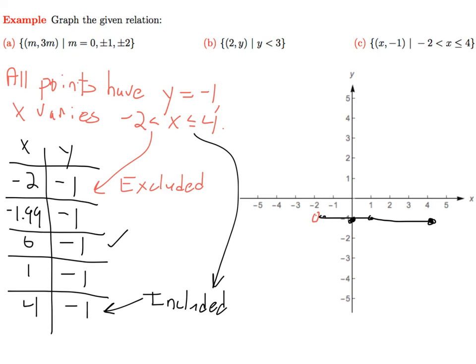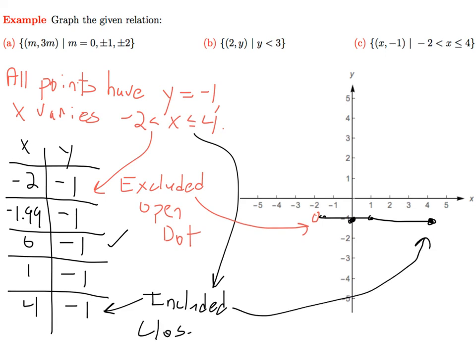The point which is excluded has an open dot. And the point which is included, this one has a closed dot. And since all of these points have the same y-coordinate, they all sit on a horizontal line through y equal to minus 1.